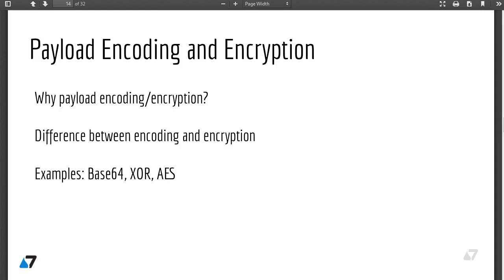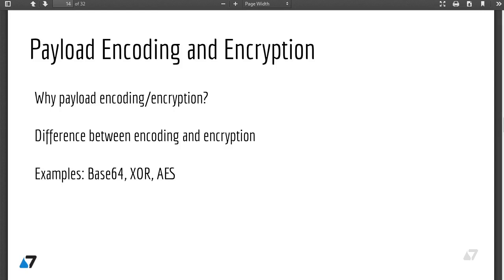So what are the examples of both? I've already mentioned base64 as an example of encoding. AES, or Advanced Encryption Standard, is also a known standard for encryption, and this is another obvious example. So what about XOR? XOR is a simple logic operation, which is the simplest method for encryption.